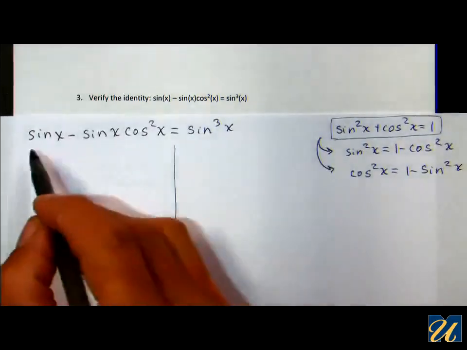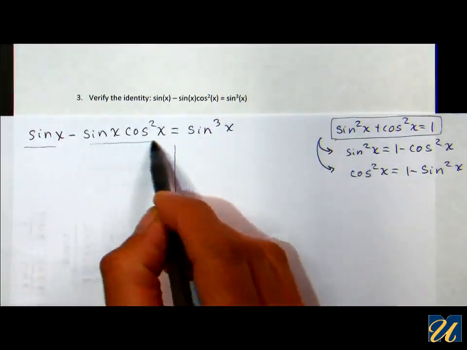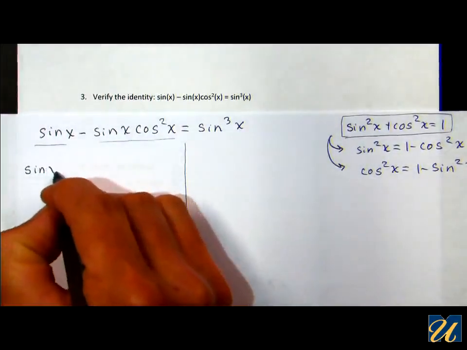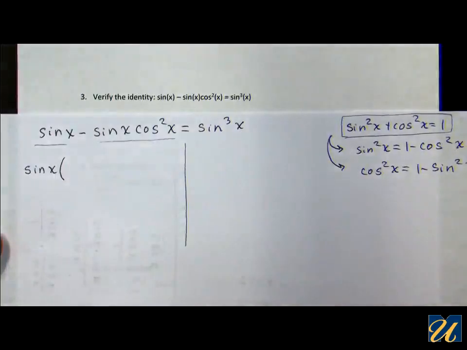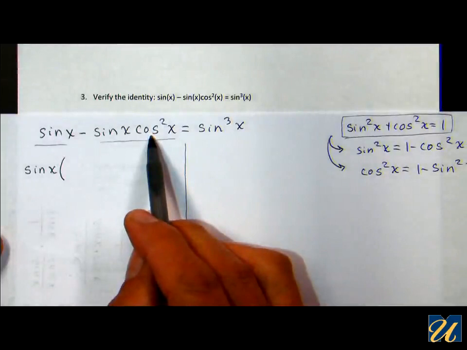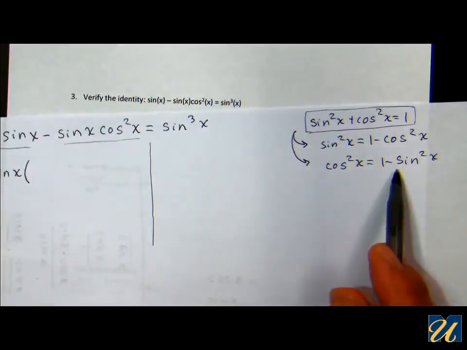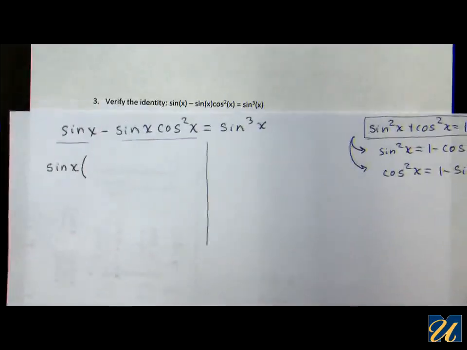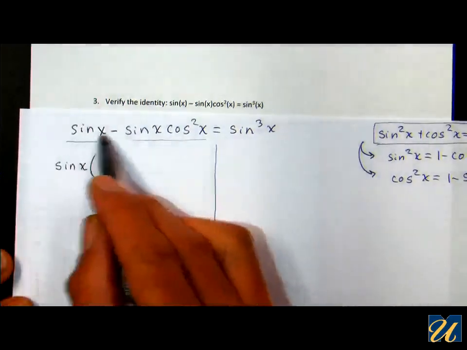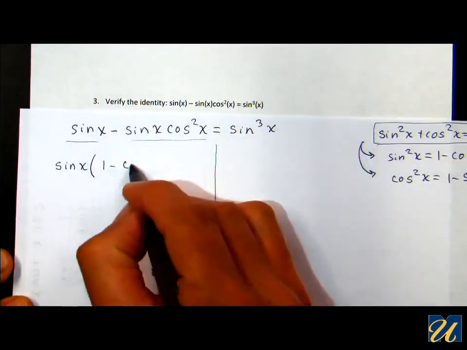I see two terms, and both terms contain a common factor of sine of x. I'm going to factor out sine of x. This is not the only move. One move might be to replace cosine square here with 1 minus sine square, and that would be a different way to proceed. Perhaps that would work, and perhaps you should try that. If I factor out sine of x, I'm left with 1 minus cosine square.